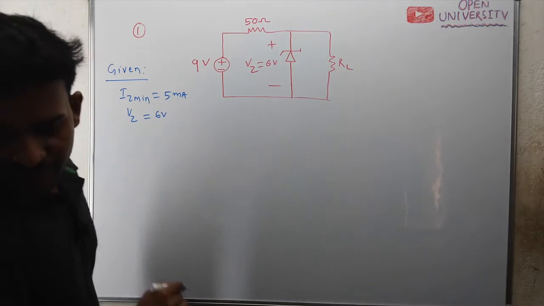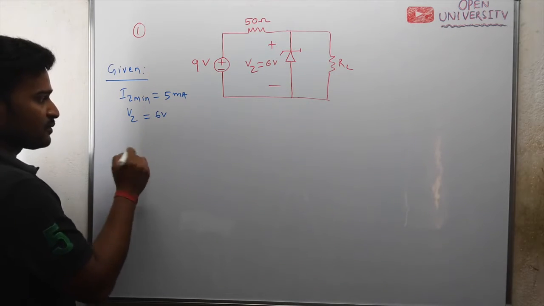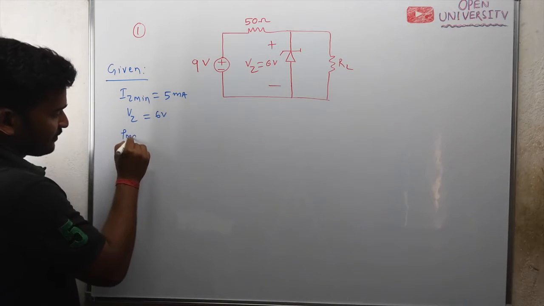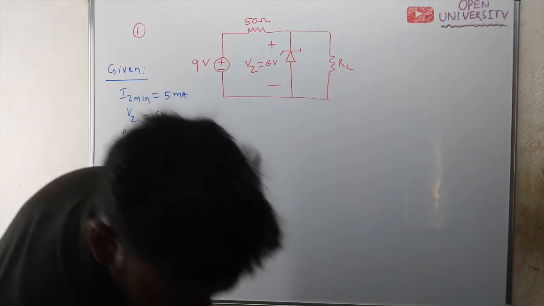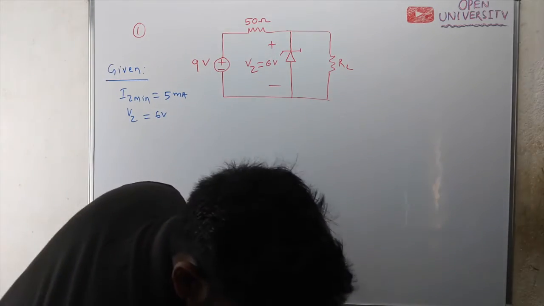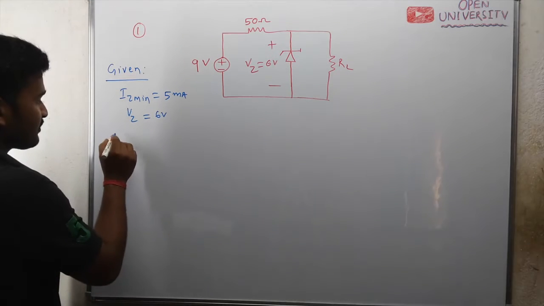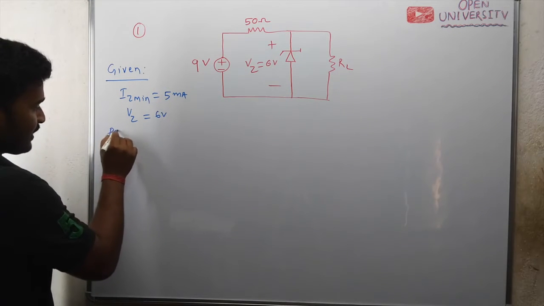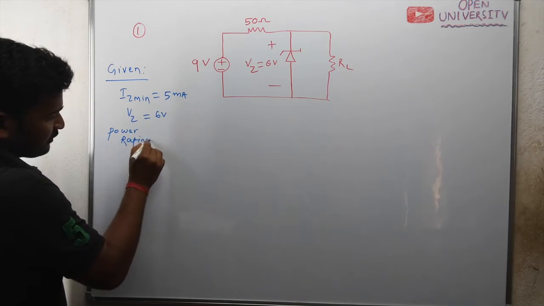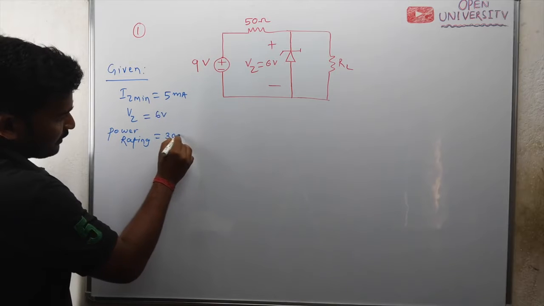The maximum allowed dissipation, P max, is the power rating of the Zener diode, which is given to be 300 milliwatt.